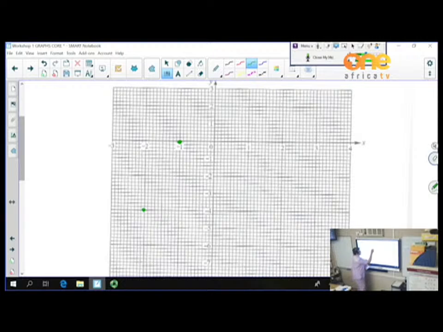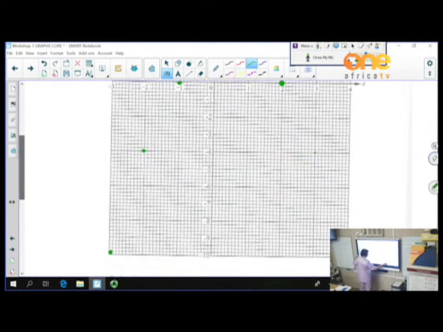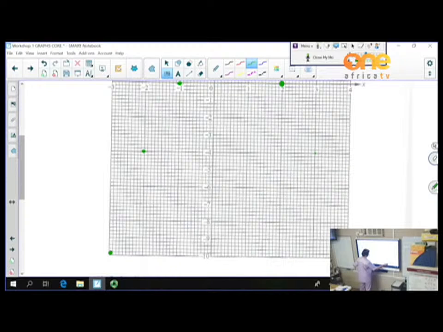Then the next one 0, 2. There we cut the y-axis. 1, 2. There's another point. 2, 0. Again the x-intercept there. 3, negative 4. And the last one is then 4, negative 10 here.